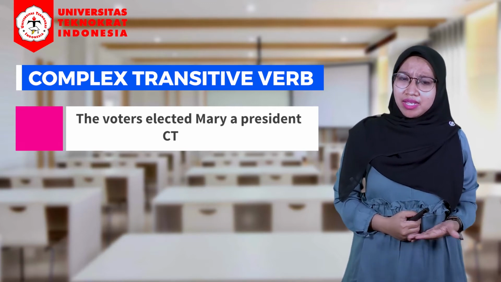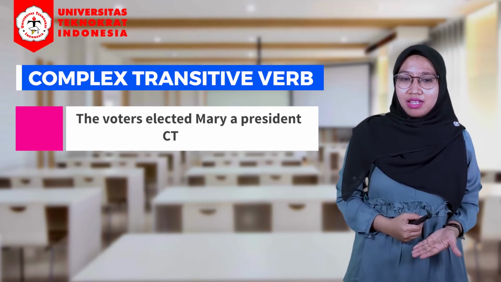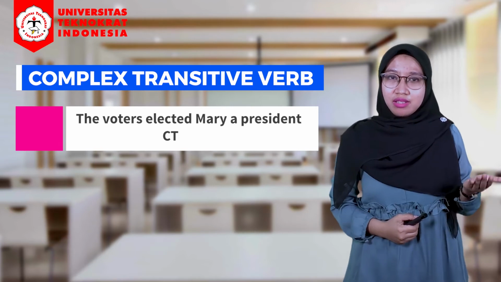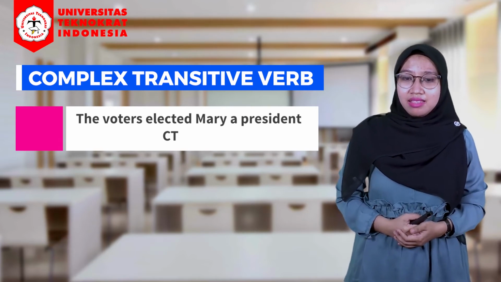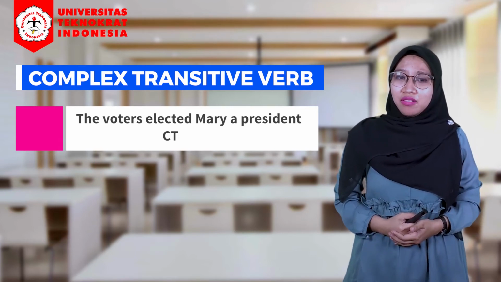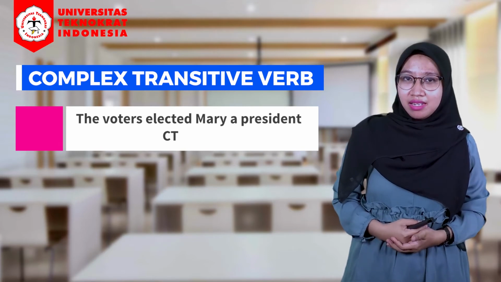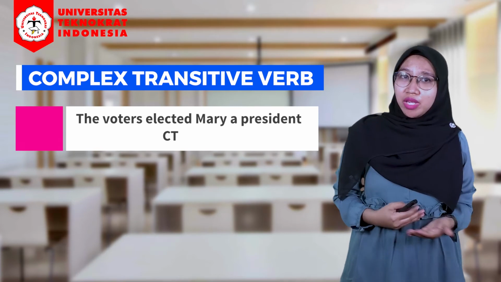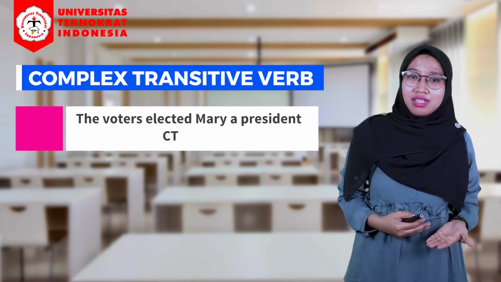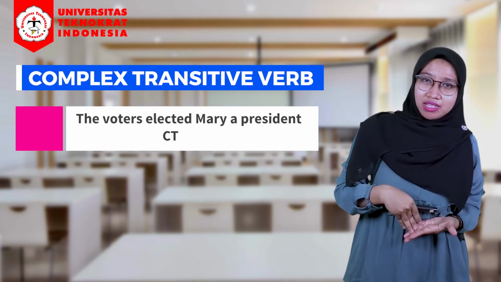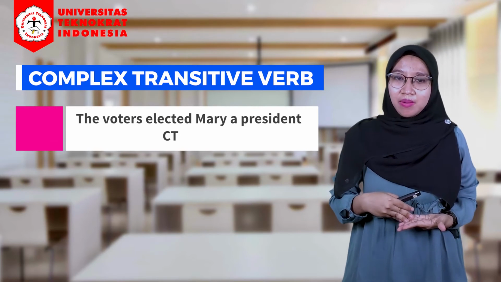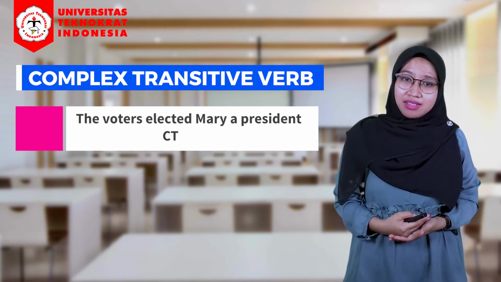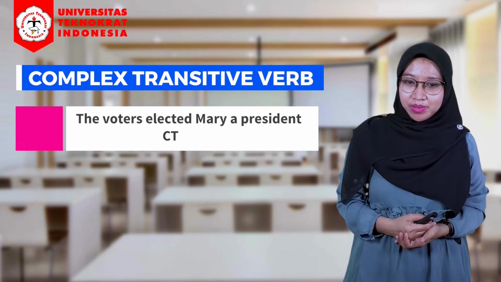So the verb is elected. We have the subject, the voters, the verb elected, and then the object, Mary. And then we have the complement, a president. This complement refers to Mary, not to the voters. It refers to the object. Therefore, it is categorized as complex transitive verbs.